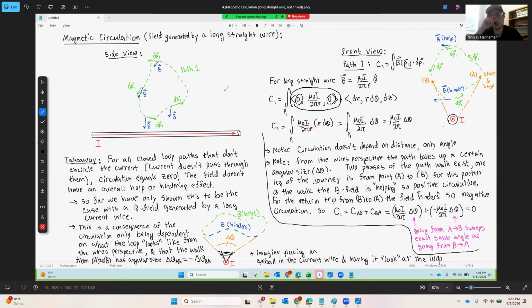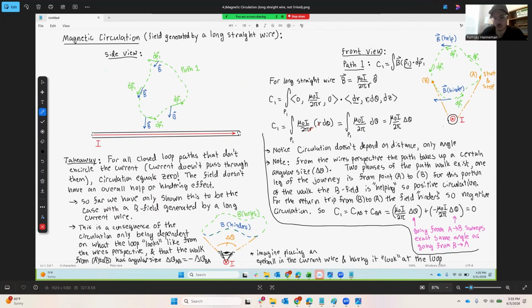It only has a theta component, which we showed earlier falls off as 1 over r. So mu naught times the current over 2 pi r, the influence over the surface over which it is spread. And then we're dotting it with our step.